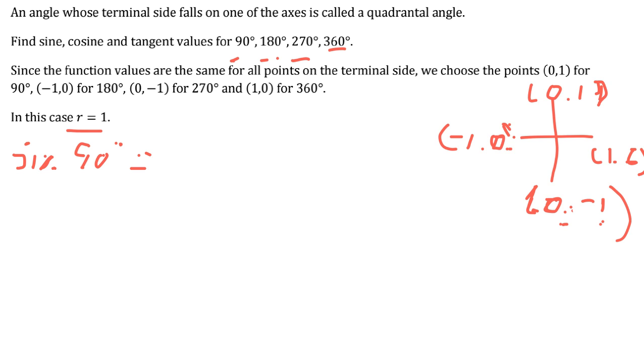So it's 1 over 1, which is 1. The sine of 180 degrees is going to be 0 over 1, which is 0.